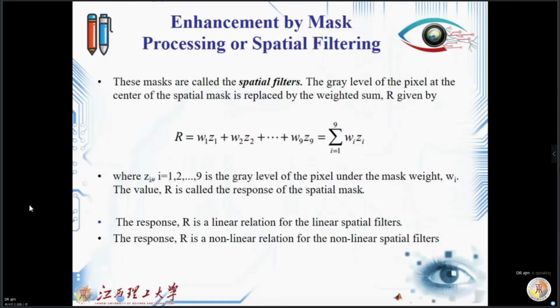The response R is a linear relation for linear spatial filters, and the response R is a nonlinear relation for nonlinear spatial filters. Have this point in your mind. We will talk later more about linear and nonlinear spatial filters.